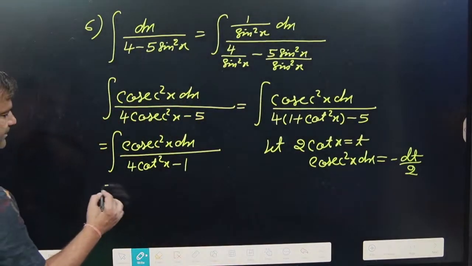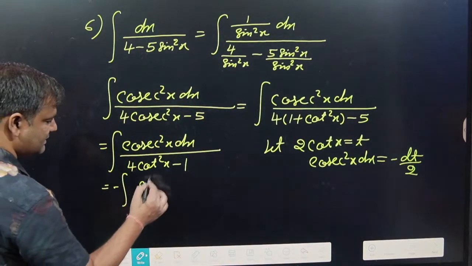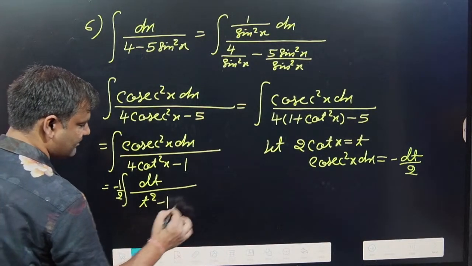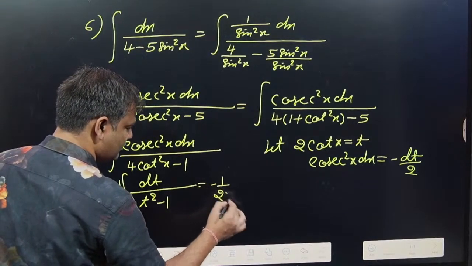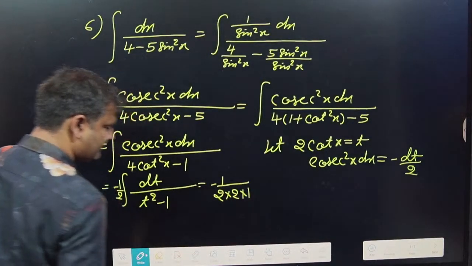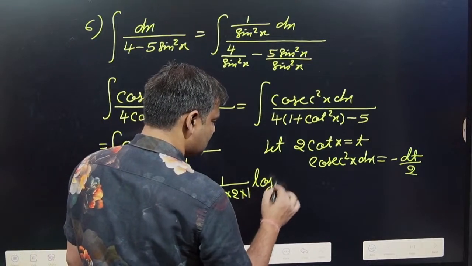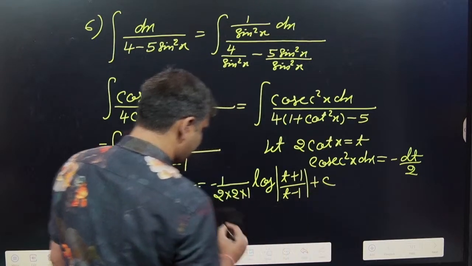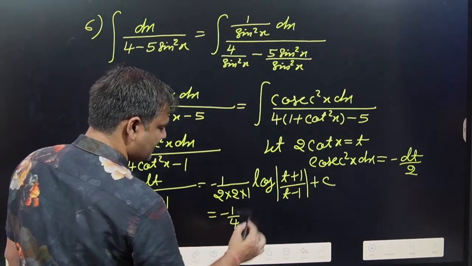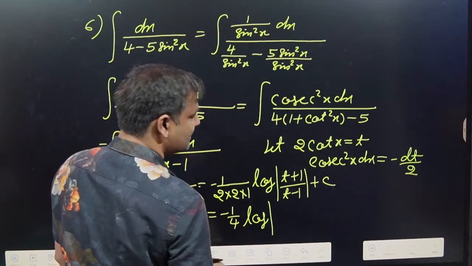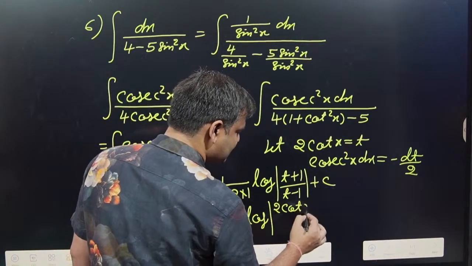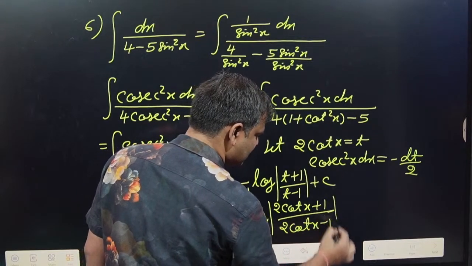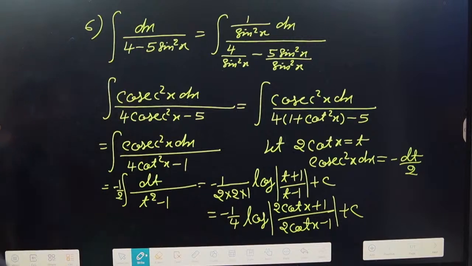Then we get minus 1 by 2 times dt divided by (t square minus 1). That gives minus 1 by 2 times 1 by 2 times log of (t minus 1) upon (t plus 1) plus c. So minus 1 by 4 times log of (2 cot x plus 1) upon (2 cot x minus 1) plus c is the right answer.